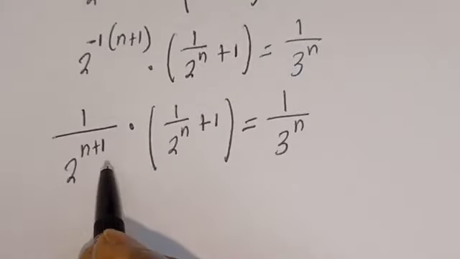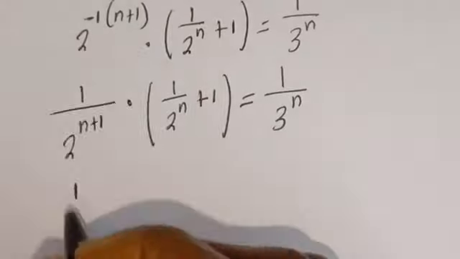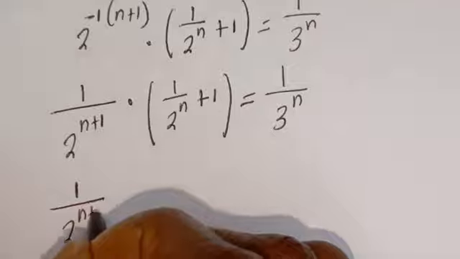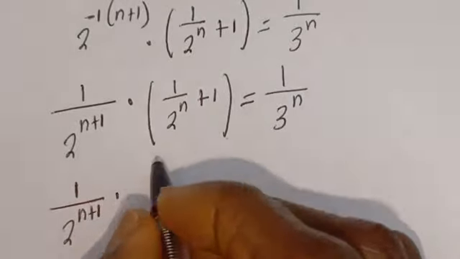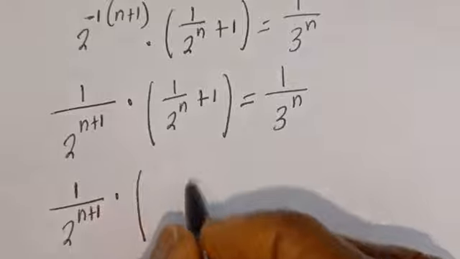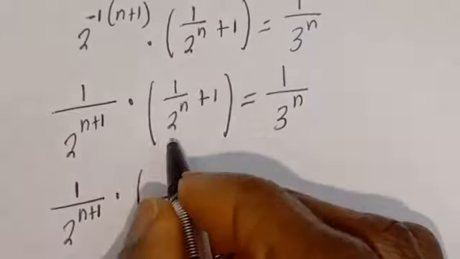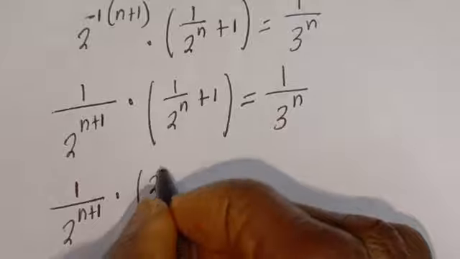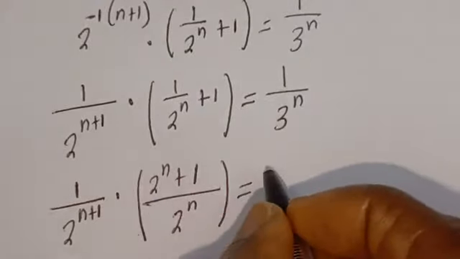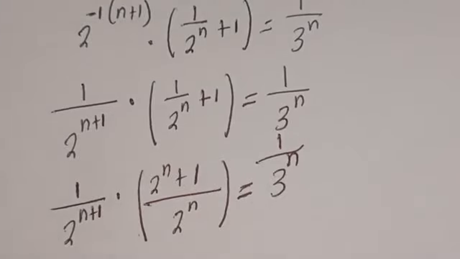Now from here we have 1 divided by 2 to the power of n, multiplied by, if you take the LCM, we have 2 to the power of n in the denominator and the numerator becomes 2 to the power of n plus 1, is equal to 1 divided by 3 to the power of n.